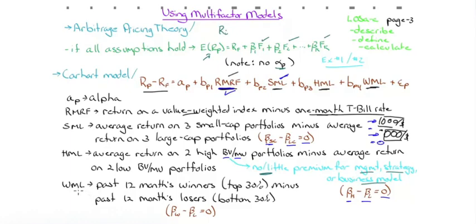And WML, winners minus losers, is the past 12-month winners. In other words, the top 30% of last year's winners minus the past 12 months losers, the bottom 30%. And again, the betas are structured so that they will equal 0 because you can't have any correlation with the market factor. So you end up with all 3 of these being uncorrelated with each other.